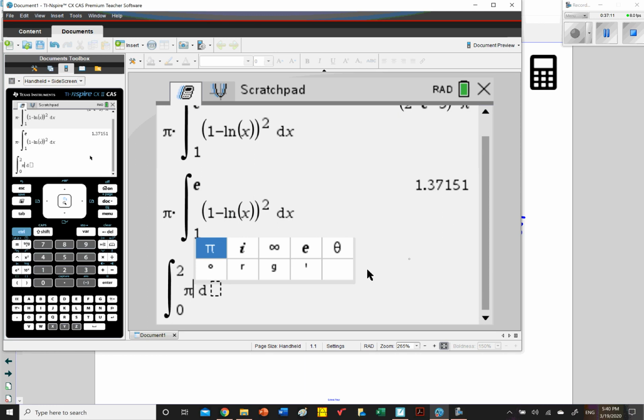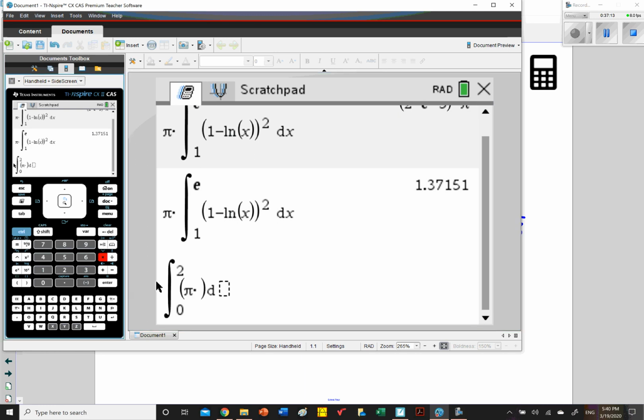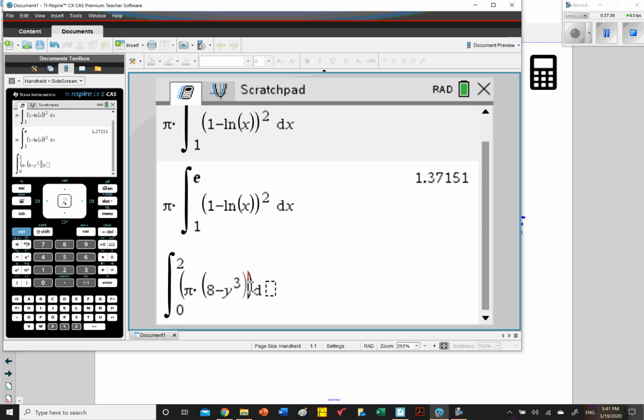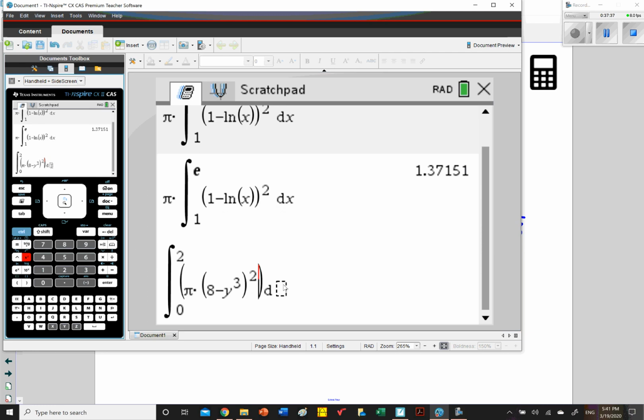Get out of there. 8 minus y cubed. 8 minus y cubed. Quantity squared dy.